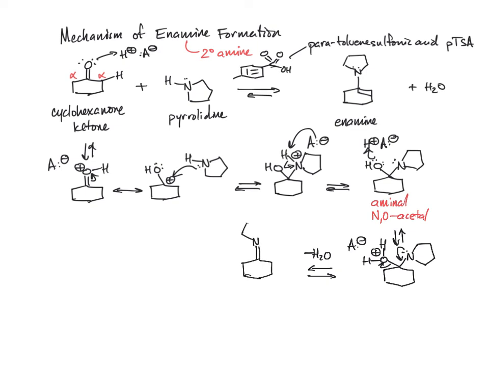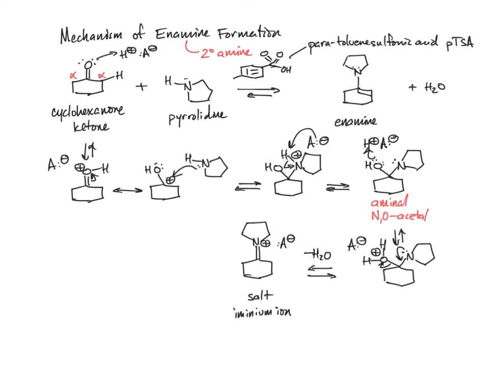And so this is the key difference in why that alpha carbon is important. So at this point, this is a salt. Another term for this would be an iminium ion.